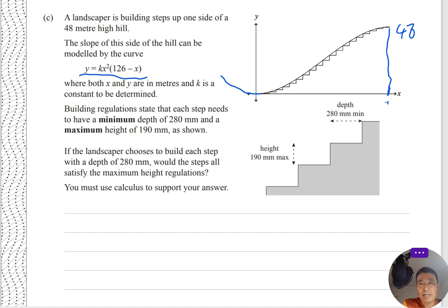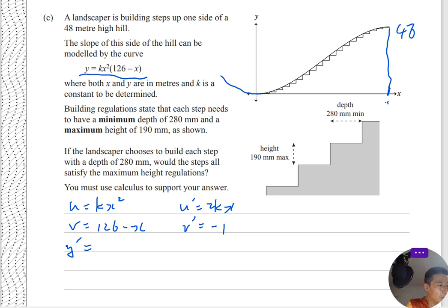All right, so let's start with step one. As I said, let's differentiate. So u equals kx squared, v equals 126 minus x. So u prime is 2kx, v prime is minus 1. So I solved it earlier: dy/dx, or y prime, equals 252kx minus 3kx squared, I believe.